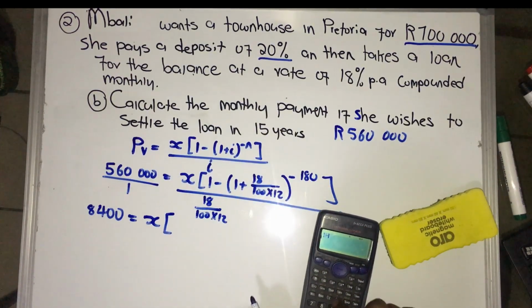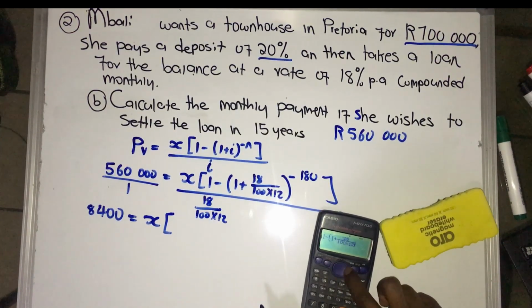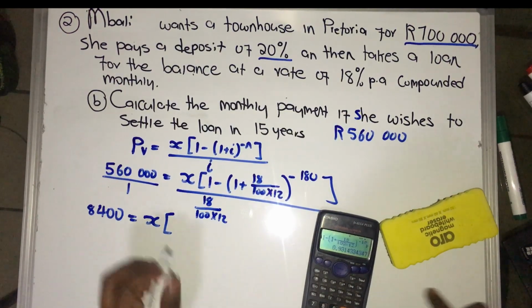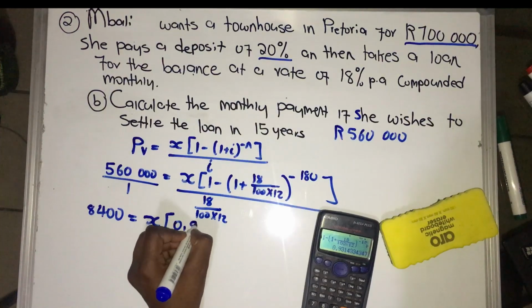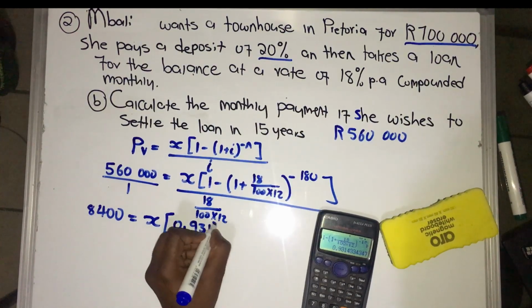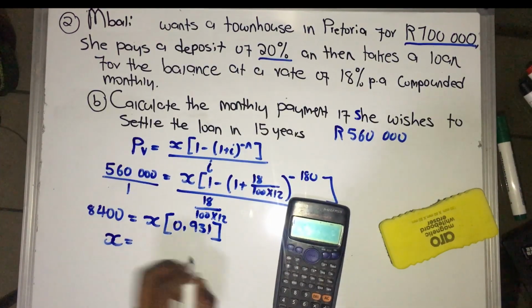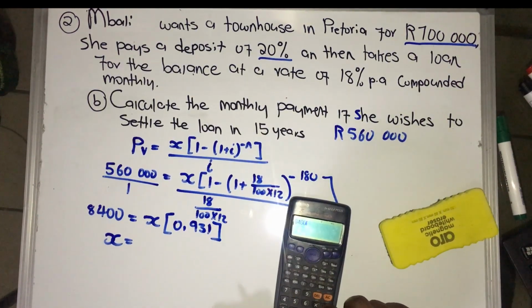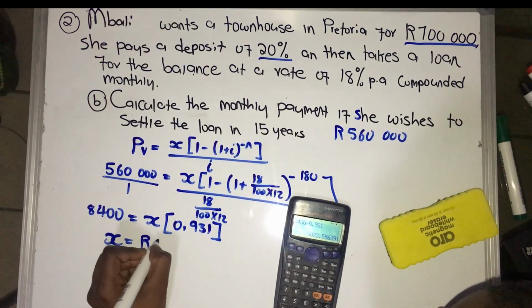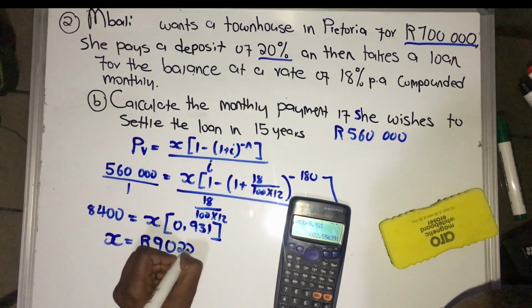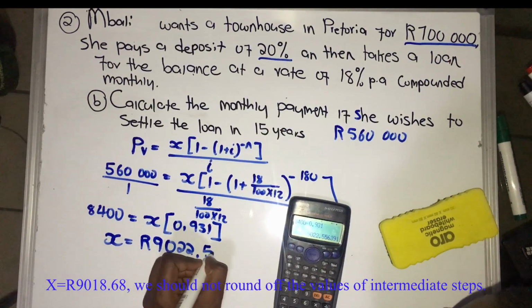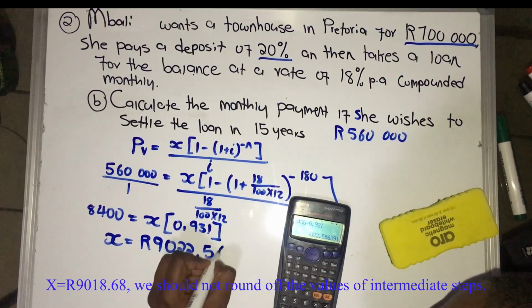So that's 1 minus (1 plus 18 over 100 divided by 12) to the power minus 180. So this whole thing gives us 0.931. Okay, so our monthly installment would be 8,400 divided by 0.931. So we're getting 9,022 rands, and then that goes with 56 cents.